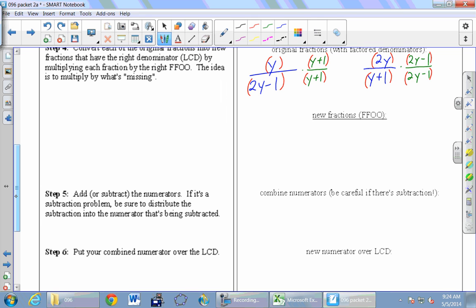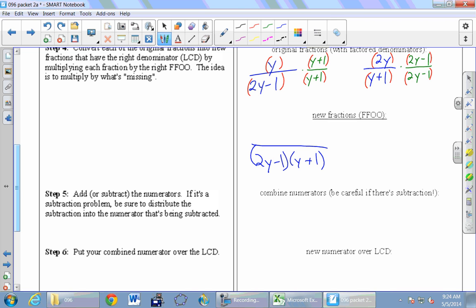Okay, so we've got our fractions. I'm going to copy that first fraction's denominator, 2y minus 1 times y plus 1. And now I'll say something for the first time today. When we're figuring out what our new fractions really are, you never multiply downstairs.